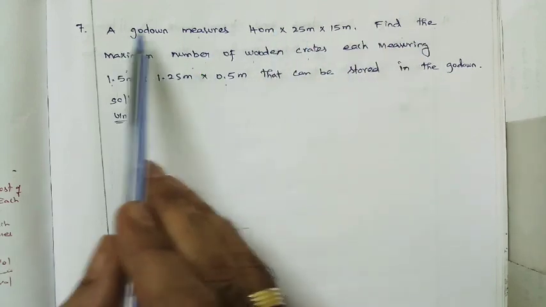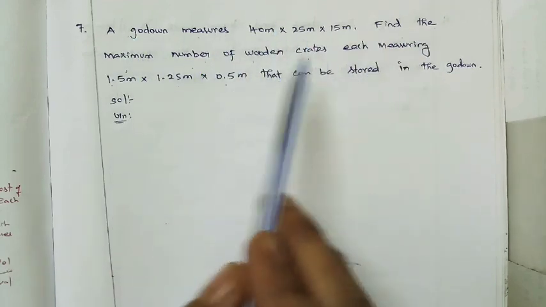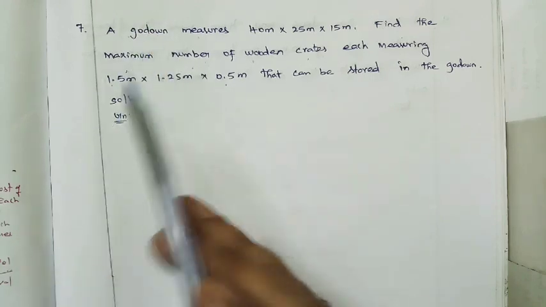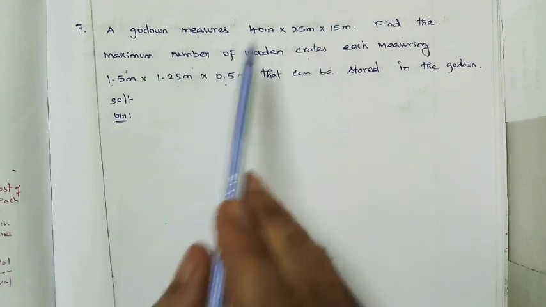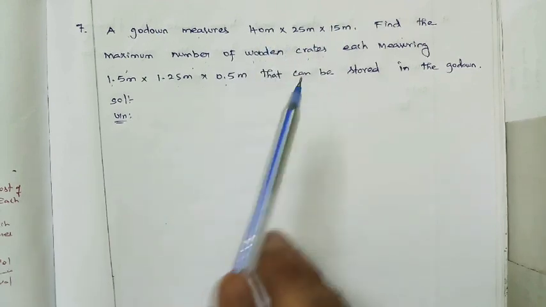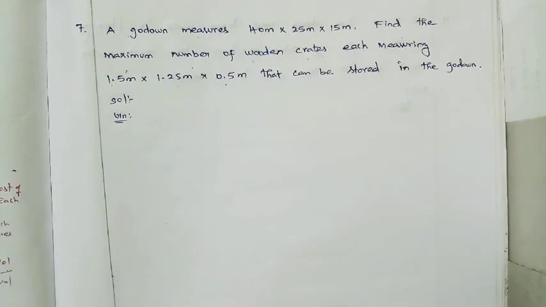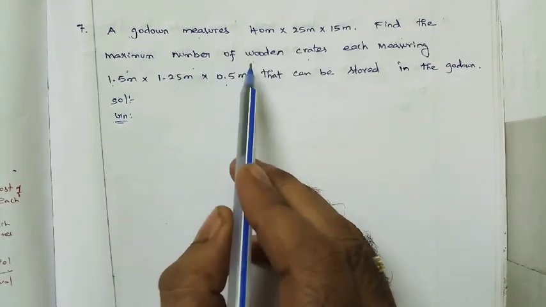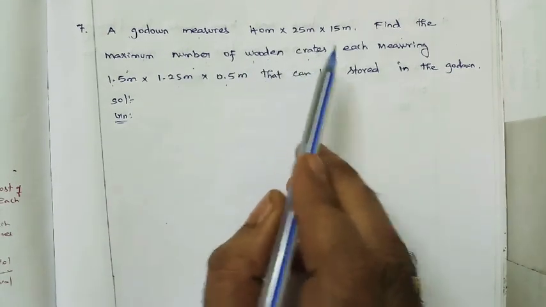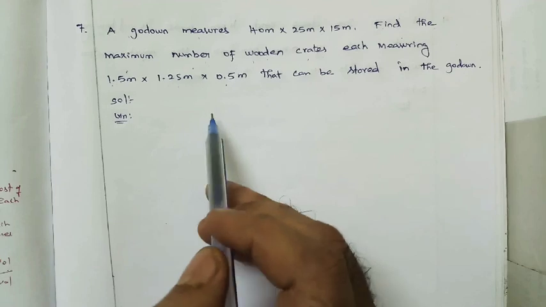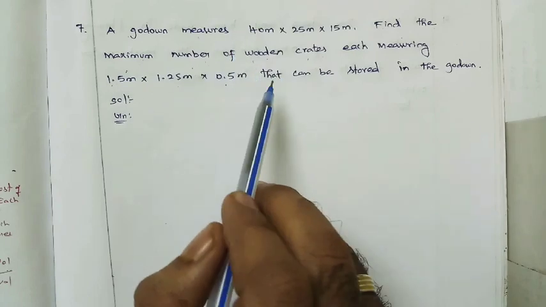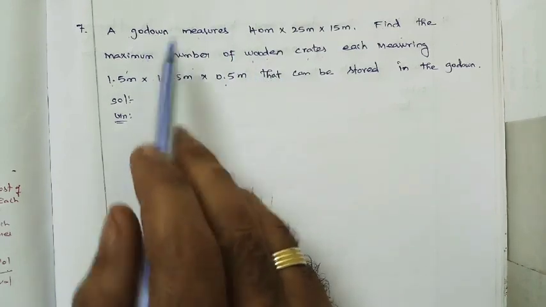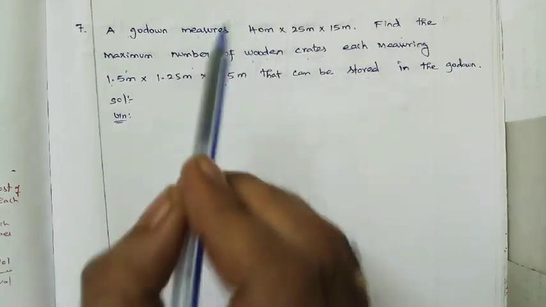They are asking how many wooden crates can be stored in the godown. When they ask for a number like this, the total volume, the biggest volume, is the godown, where we are storing.